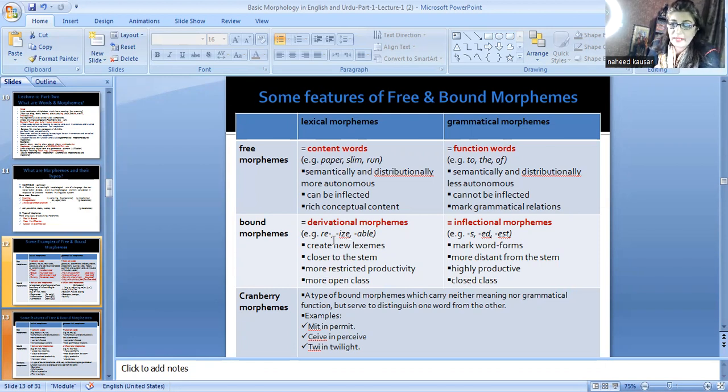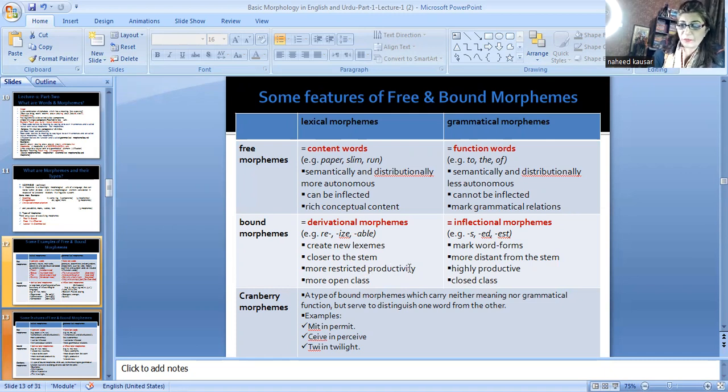We had the examples in the previous slide: generate, monetize, and comparable, right? They create new lexemes, or new words. They are closer to the stem. Usually they are placed closer to the stem, the main word or the root word.